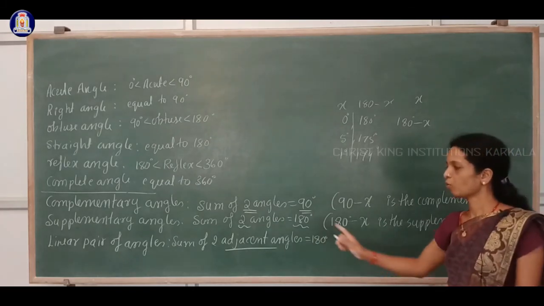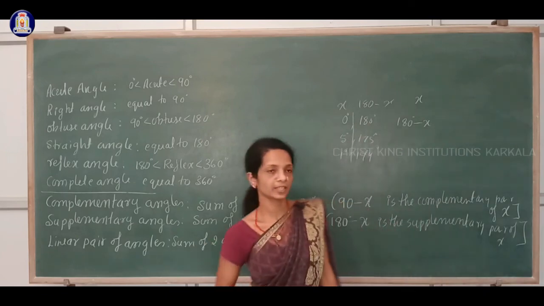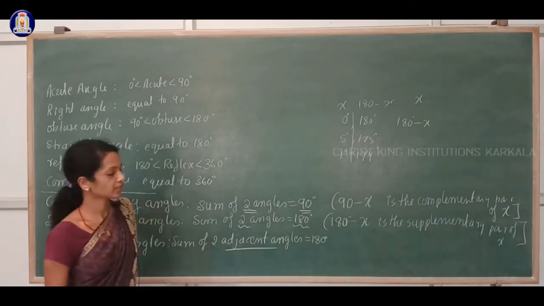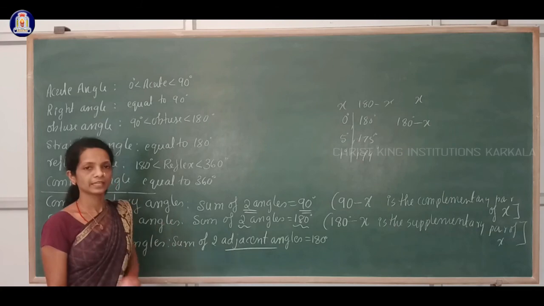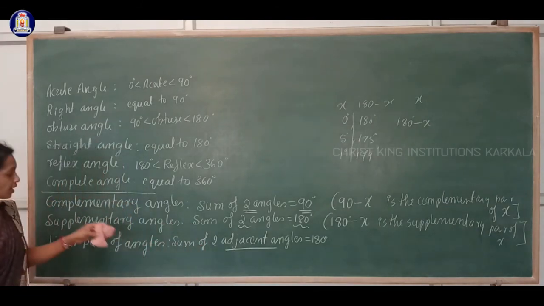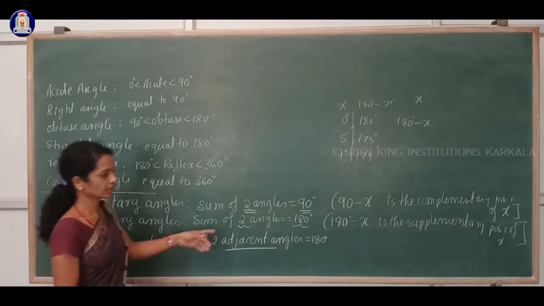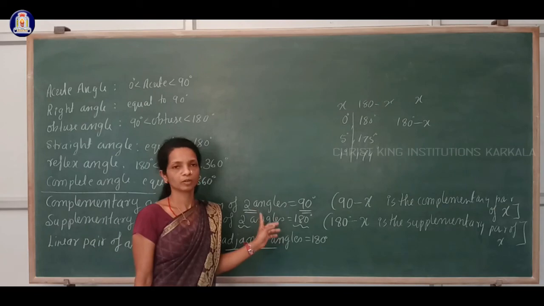Next, the linear pair of angles. If the sum of adjacent angles is 180 degrees, then those adjacent angles are called what? A linear pair of angles. What is the difference between supplementary angles and a linear pair of angles? Here two angles sum to 180 degrees, but those two angles may not be adjacent.